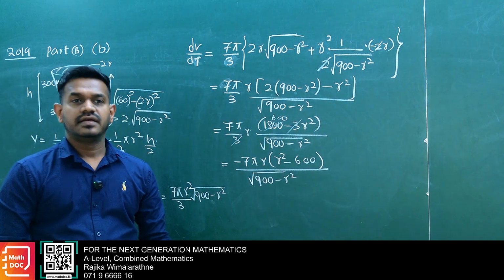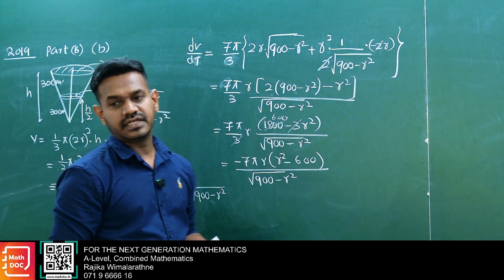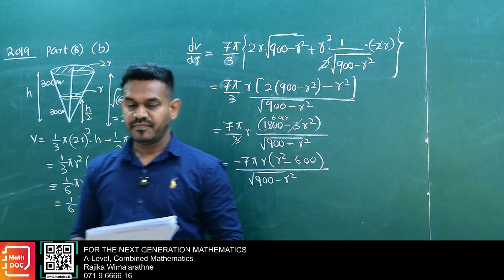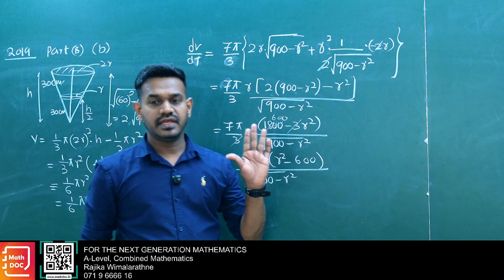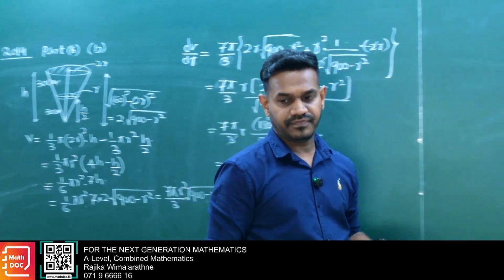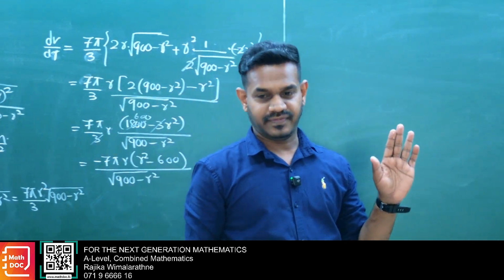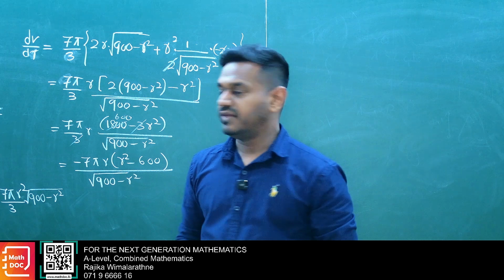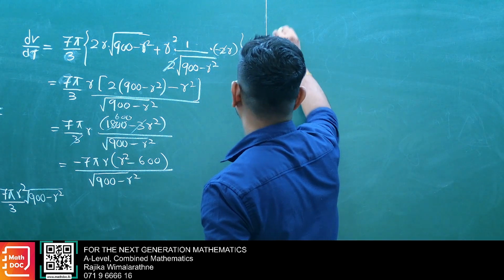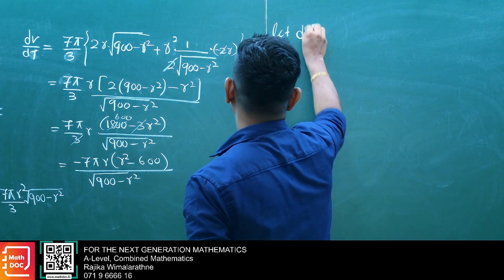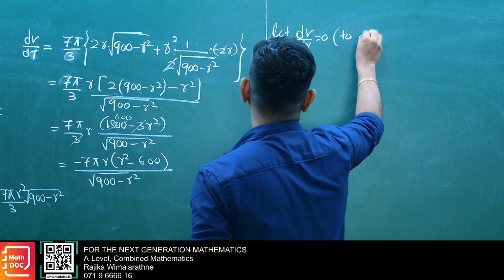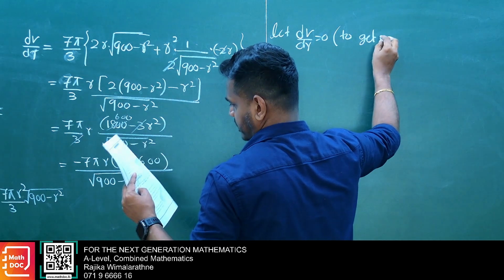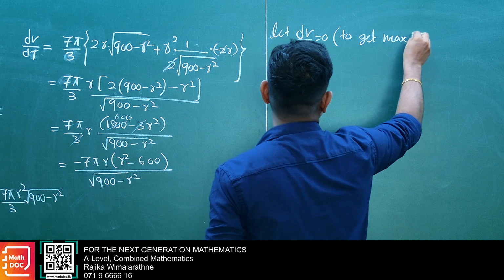Okay, it's an irrational type function, then you equate that derivative to 0. Equate that derivative to 0: dV divided by dr equals 0, to get the maximum value.